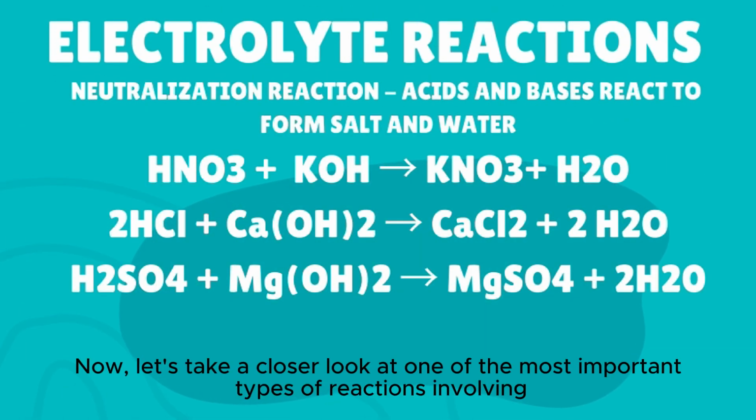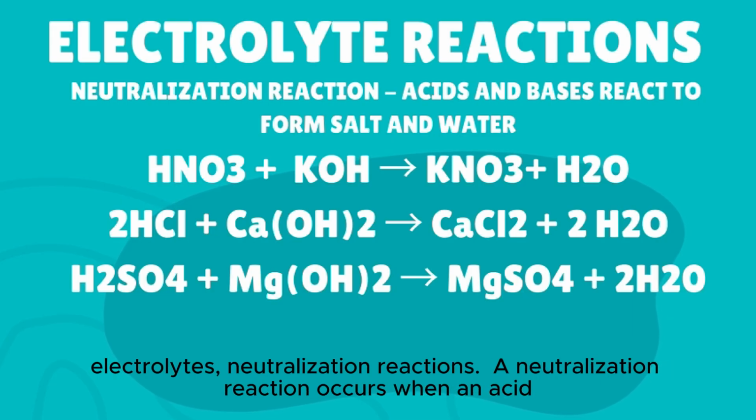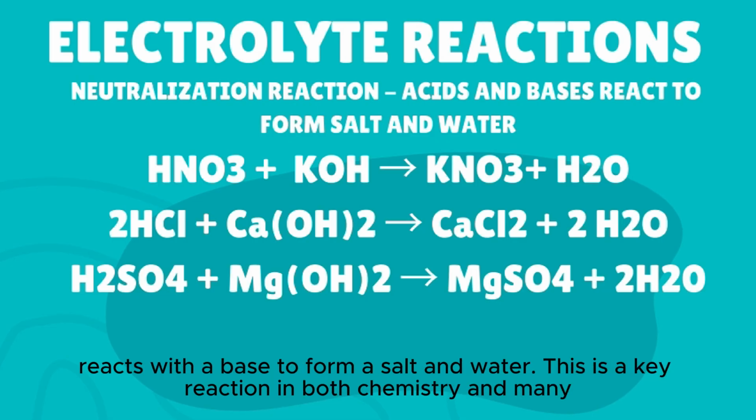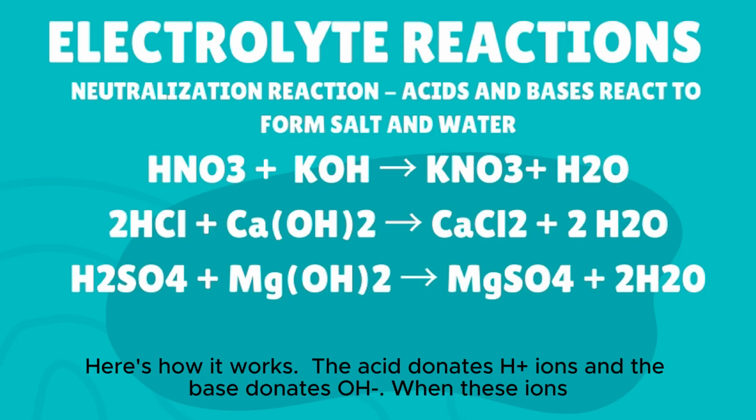Now, let's take a closer look at one of the most important types of reactions involving electrolytes, neutralization reactions. A neutralization reaction occurs when an acid reacts with a base to form a salt and water. This is a key reaction in both chemistry and many practical applications, including titrations, antacid treatments, and even in biological systems. Here's how it works.